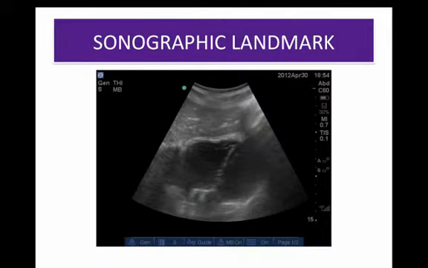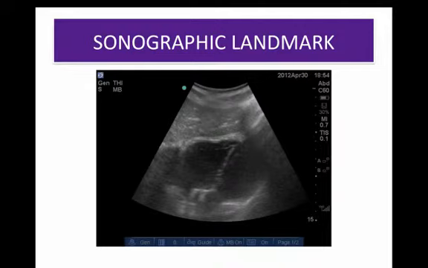The sonographic landmark is important as it is the identifiable structure that allows you to orient yourself to the relevant anatomy on the screen. And for all introductory applications, no image interpretation should begin until you identify the sonographic landmark. In this particular study, the sonographic landmark is the heart.